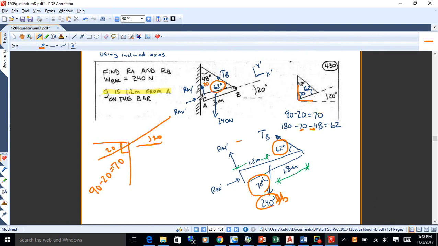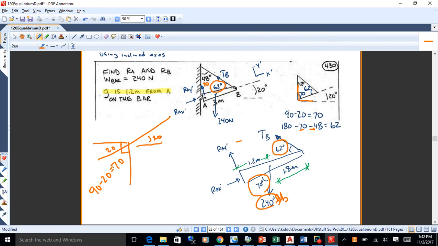So I get that free body diagram on an incline. See, this will work pretty well because I can get those angles pretty quickly. Plus, I've got the distances measured along the direction from A to B. I've got the 3 meter total, and then I'm given that it's 1.2 meters from A to the center of gravity. Okay.